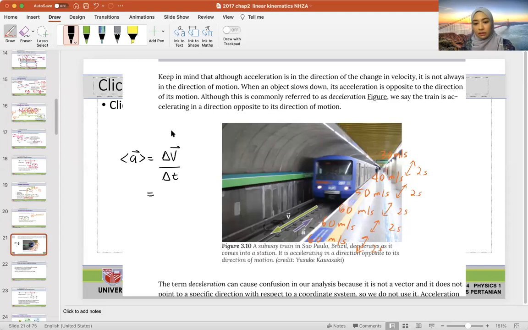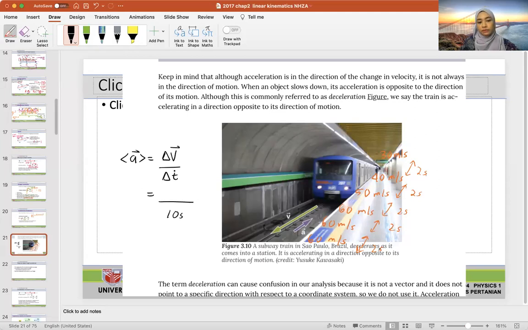When we talk about instantaneous, we are saying V final minus V initial, but over a shorter duration of time. For average, we want to know the change in velocity over the entire duration. So what is the entire duration here? 10 seconds. 1, 2, 3, 4, 5. Okay, 10 seconds. So delta T equals 10 seconds.